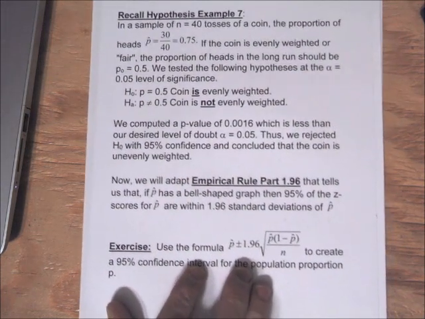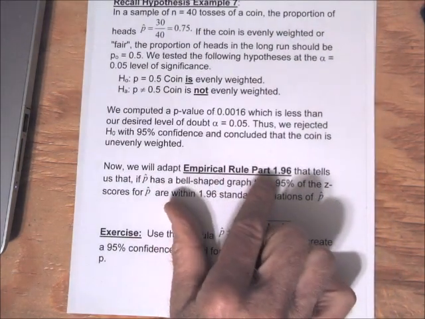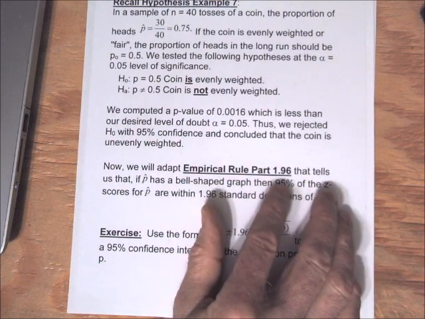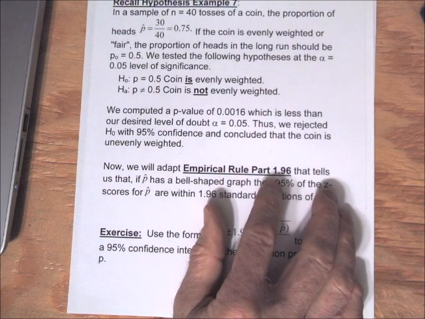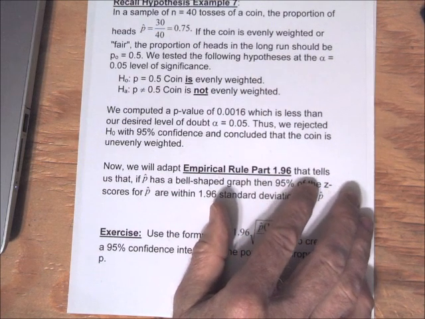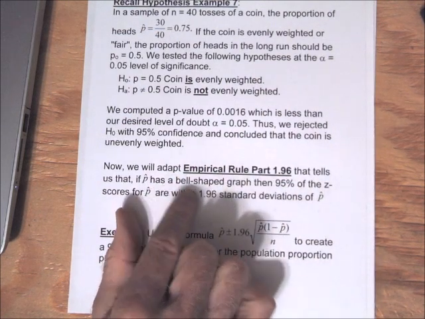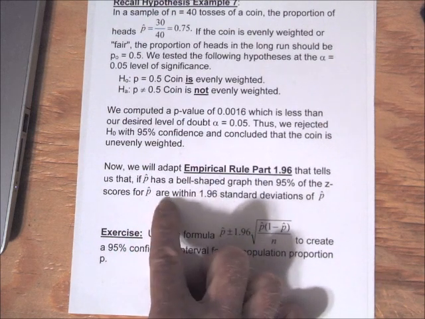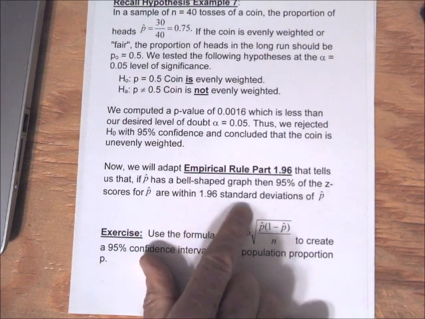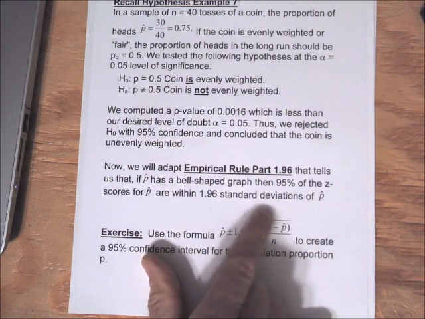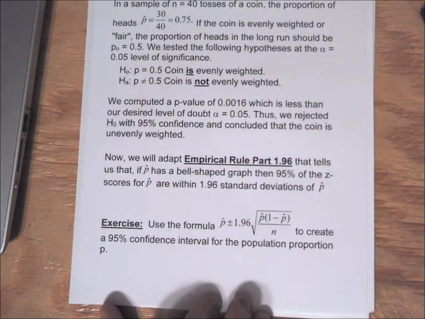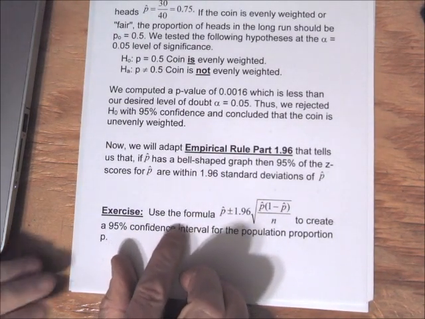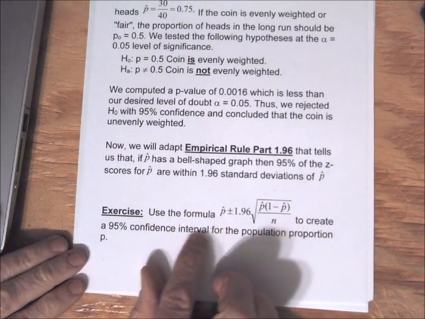Now we're going to adapt empirical rule part 1.96. We call it empirical rule part 2, but more precisely it's part 1.96 that tells us that if p hat has a bell-shaped graph, then 95% of the z-scores for p hat are within 1.96 standard deviations of p hat. So as an exercise, we're going to use this to make what's called a confidence interval for p.